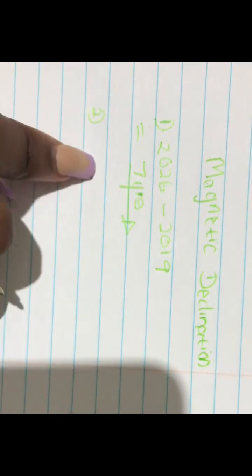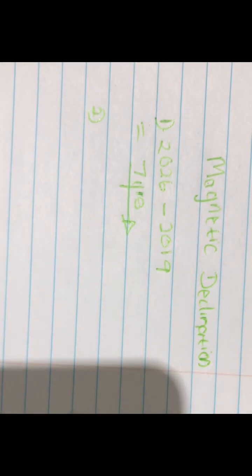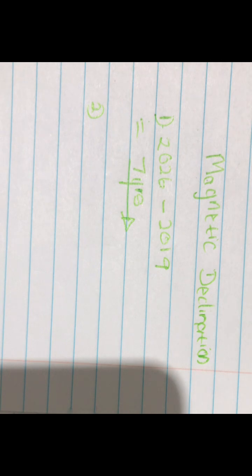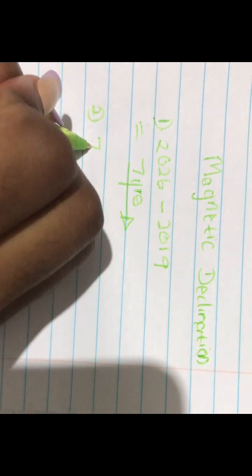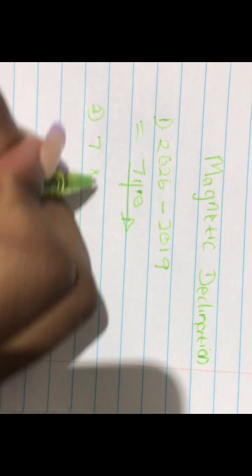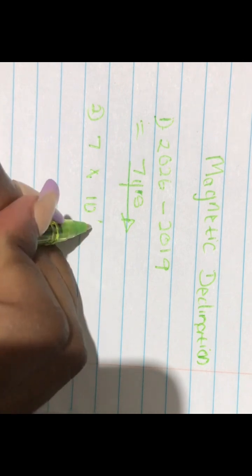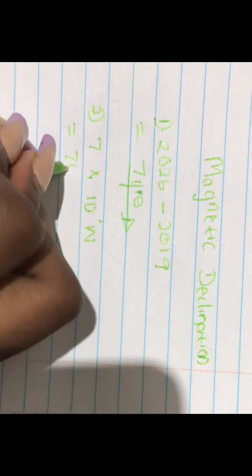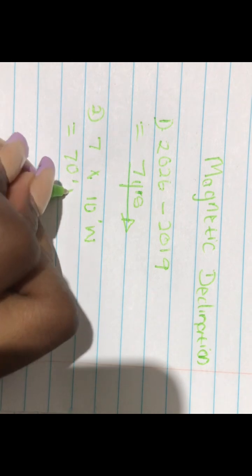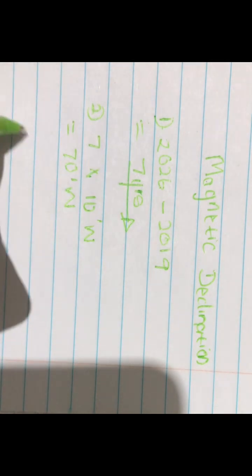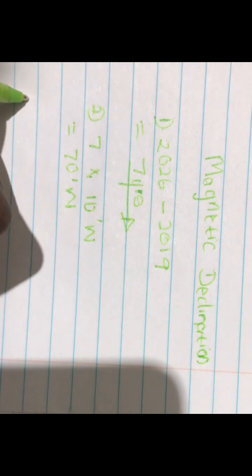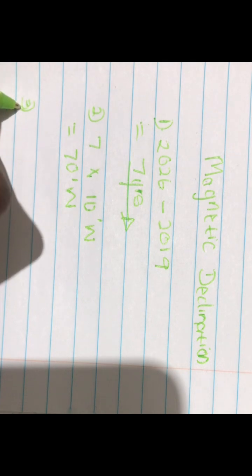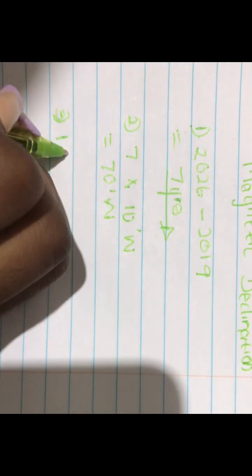Then our second step, whereby we will multiply the number of years with our mean annual change. We had seen that our mean annual change was 10 minutes westwards. So it will be our 7 years multiplied by 10 minutes westwards, which will give us 70 minutes westwards. And then our next step will be to add the answer we had got from multiplying the number of years and mean annual change.